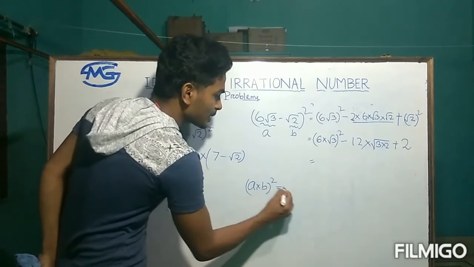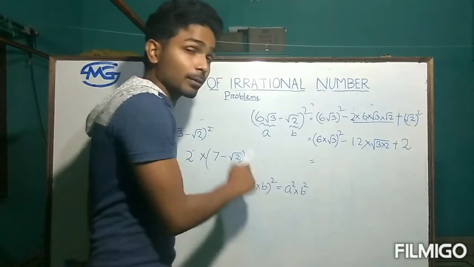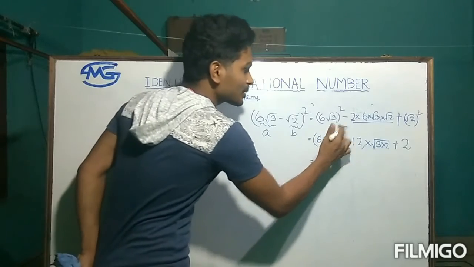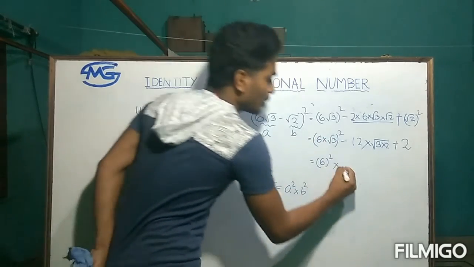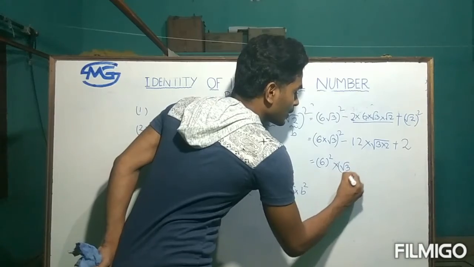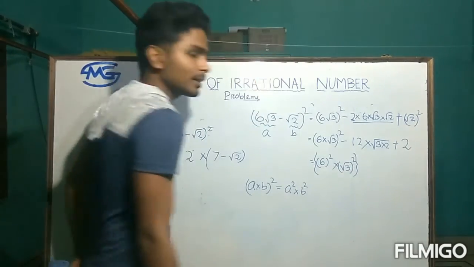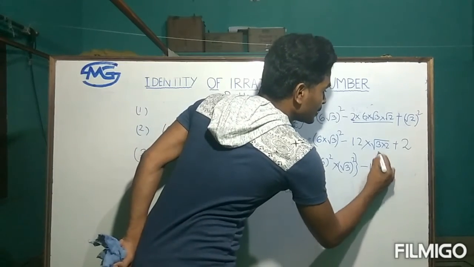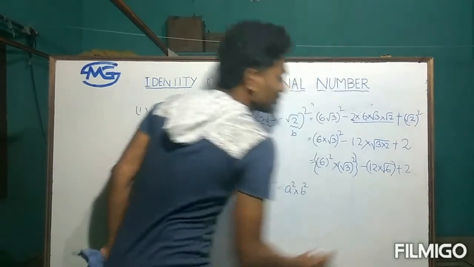As you know, (A into B) square is A square into B square, from the formula of exponent. Okay, so (6 root 3) square is 6 square into root 3 whole square. Then curly bracket, understood? Minus, the answer is 12 into root of 6, plus 2.